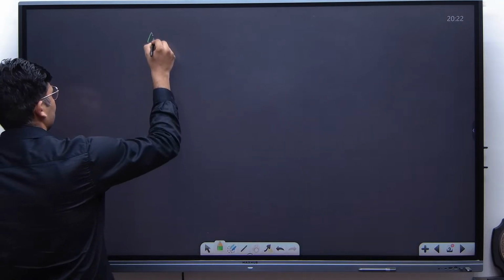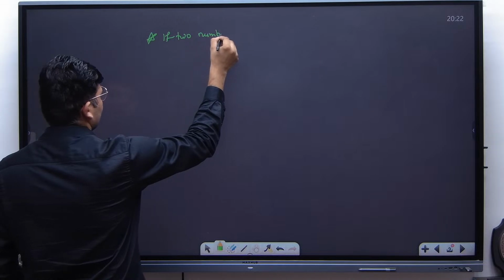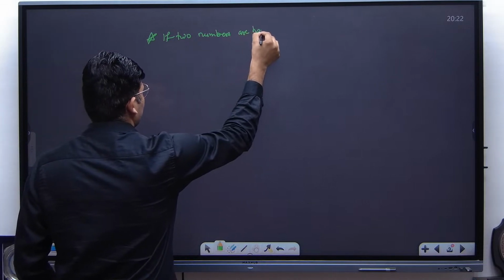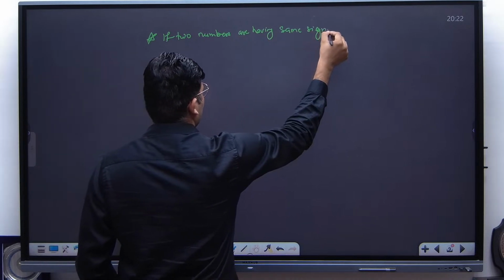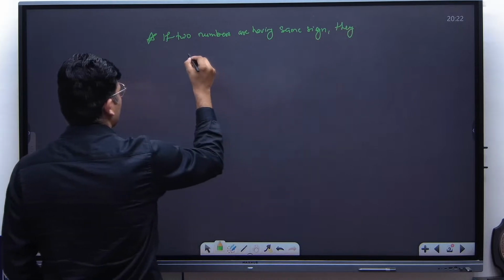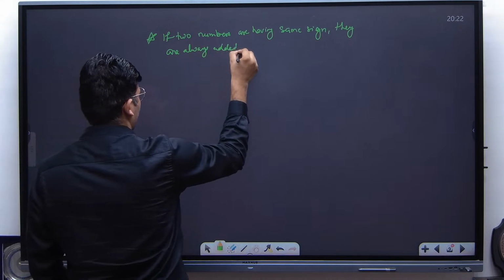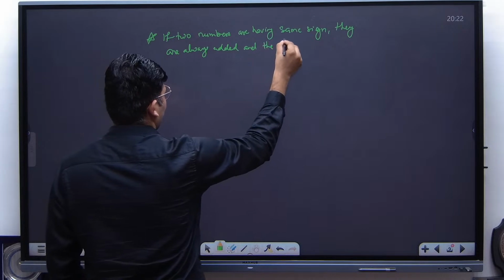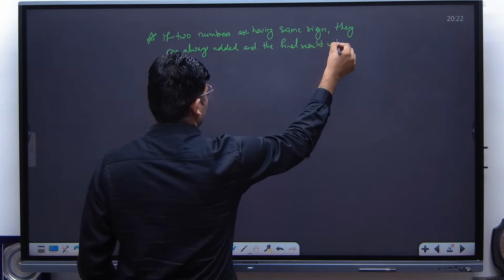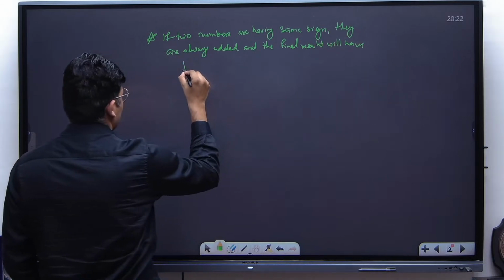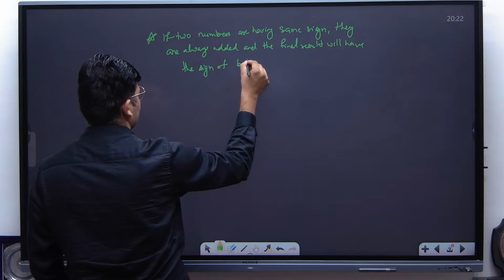Now the last statement. If two numbers are having the same sign, they are always added, and the final result will have the sign of both the numbers.